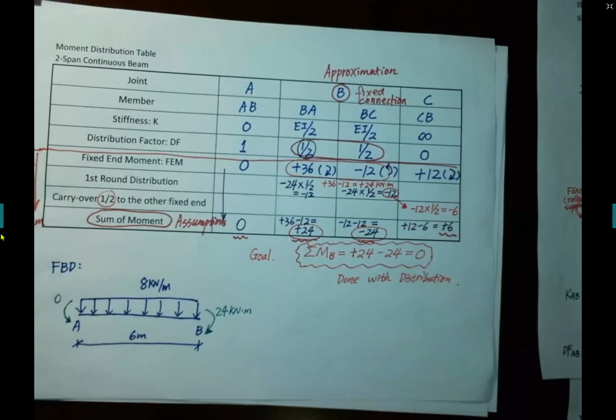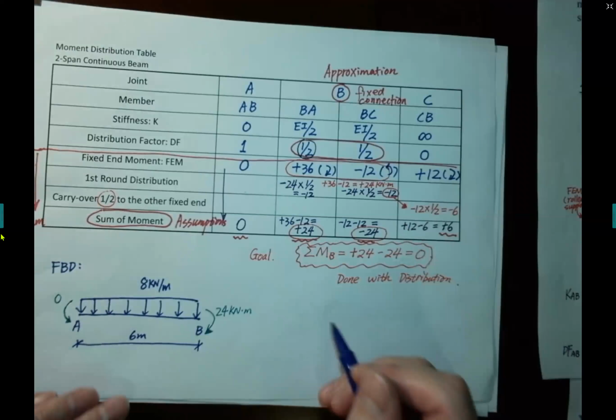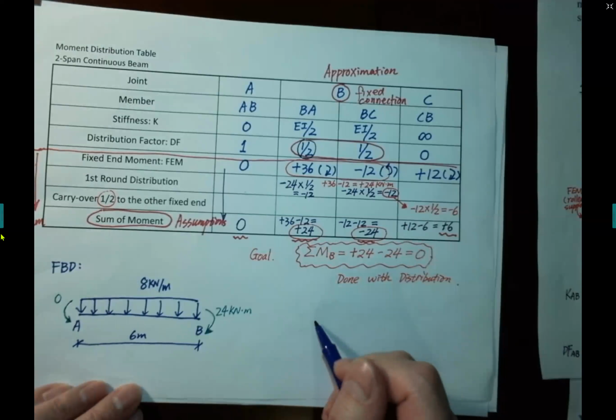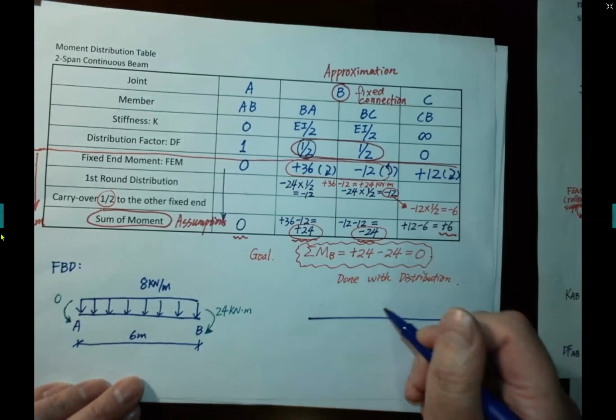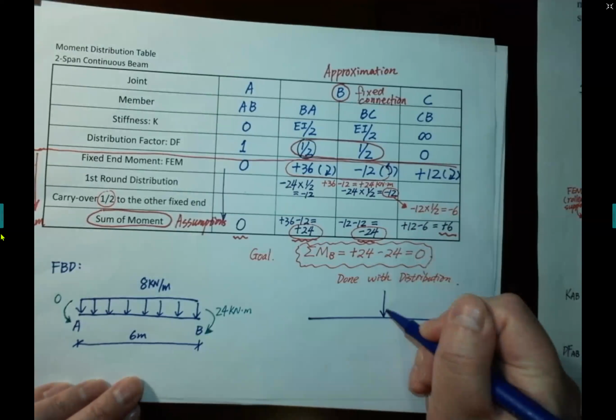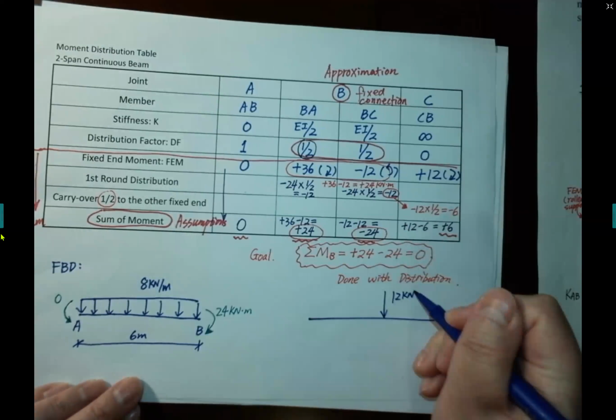And for the BC segment, subject to a point load of 12 kilonewton.